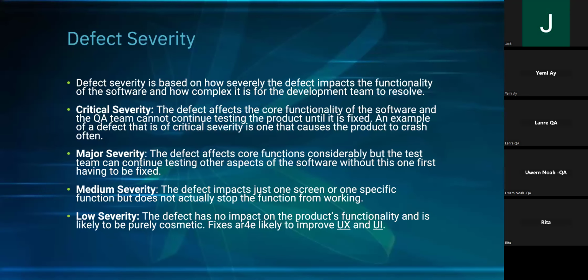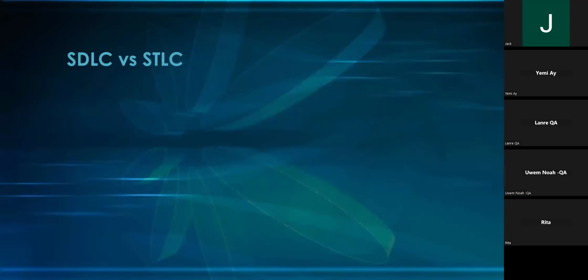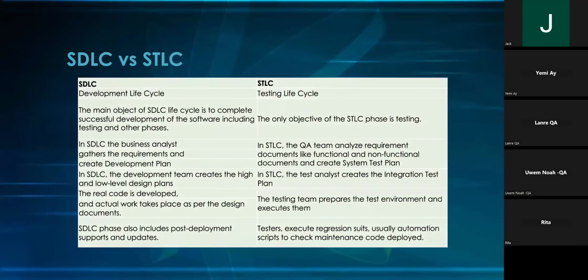For example, maybe on the login page you wanted it to be sky blue, but it's blue and not quite that sky blue. Those are cosmetic bugs and can be fixed at any time. Fixes are likely to improve the UI and UX.